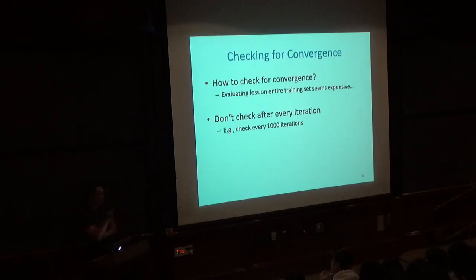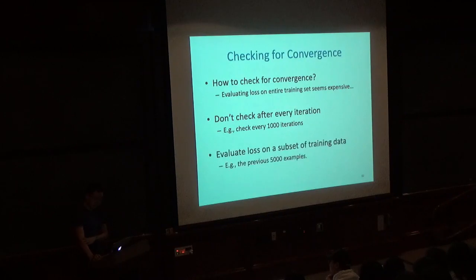This is like a flag you can set in your machine learning toolkits. You may also just decide to evaluate loss on a subset of the training data, not on the whole training data, and just check it every once in a while. This issue has more to do with system design than the fundamental mathematics.